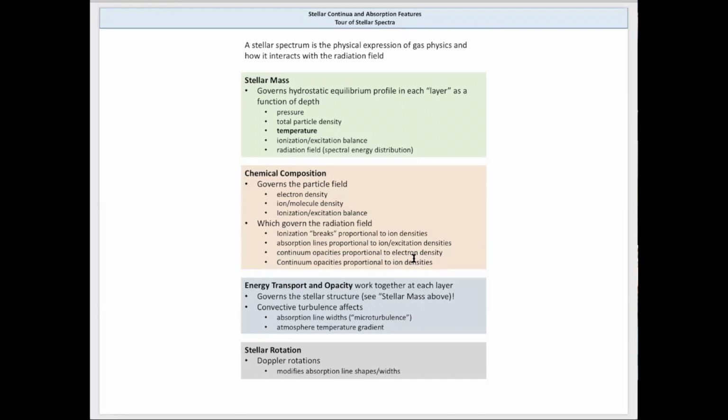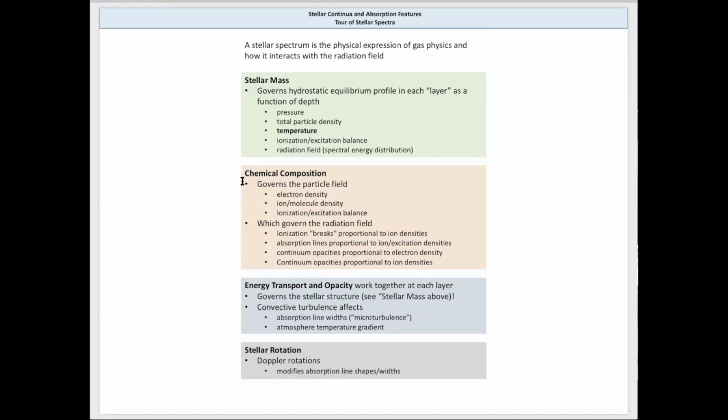That second electron is very loosely bound. A photon can come in and knock it off. That photon gets absorbed. And since photons of a lot of different energies can do that, it changes the overall shape of the continuum of the spectrum over a large range of wavelengths. That's a very important continuum opacity.